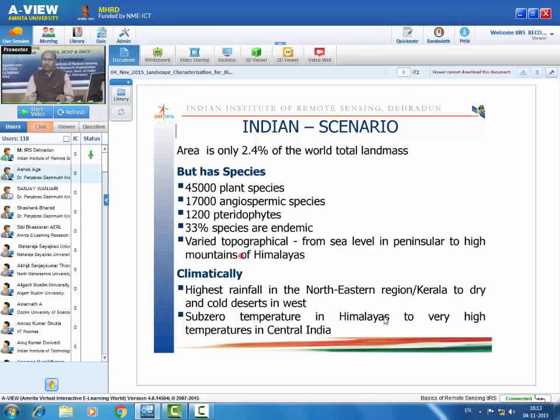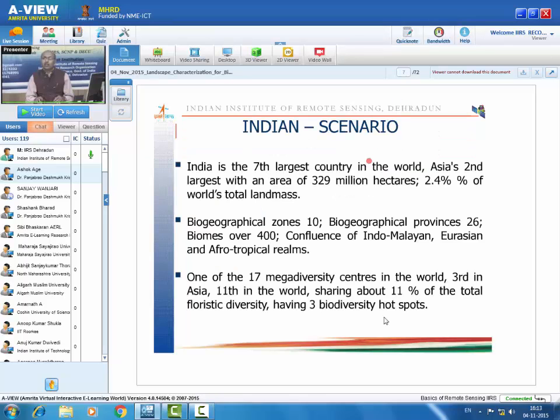You have one of the highest rainfalls in our country in the northeastern region or in some parts of Kerala, to very dry in the west, and to cold deserts in the northwestern Himalayas. And you can get sub-zero temperatures or snow-clad mountains. So the temperature varies, the humidity varies, the altitude varies. This leads to a very congenial environment for biodiversity to thrive and evolve.